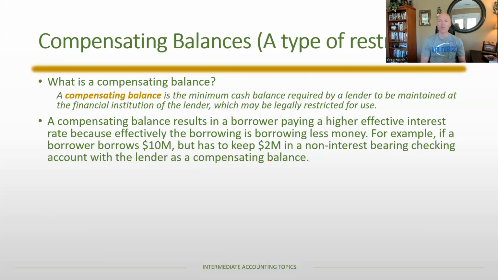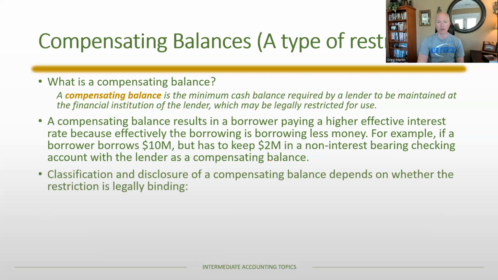While I still have the $100, the reality is my use is restricted. If that $100 is in a non-interest bearing account, the cost is a little bit higher, because I'm paying interest on the full 1,000, even though I'm only using 900. So it effectively increases the interest rate on any borrowing that you're doing.